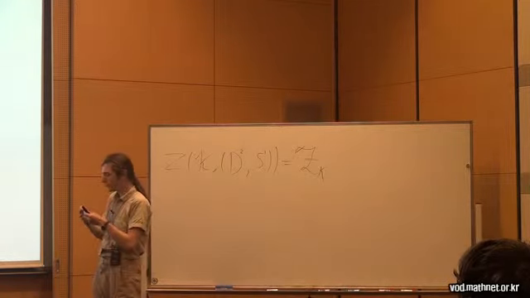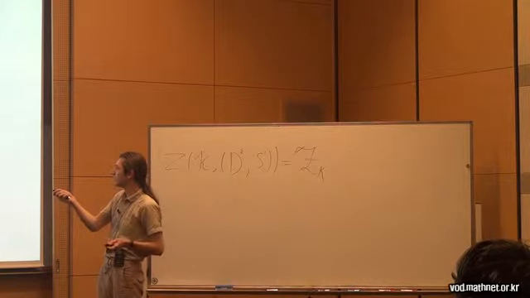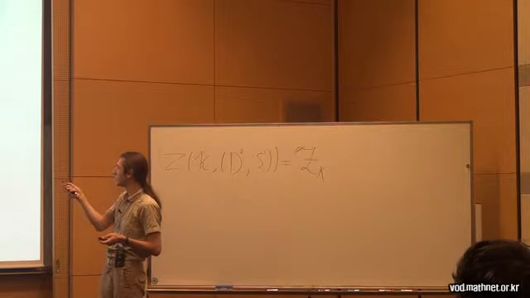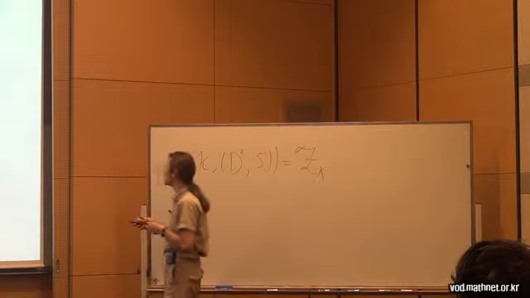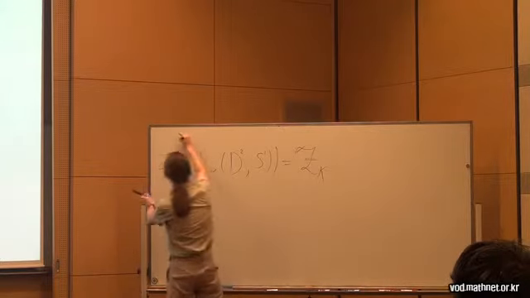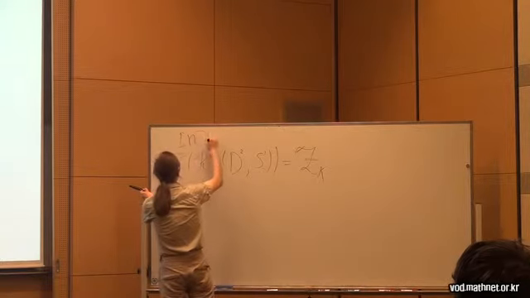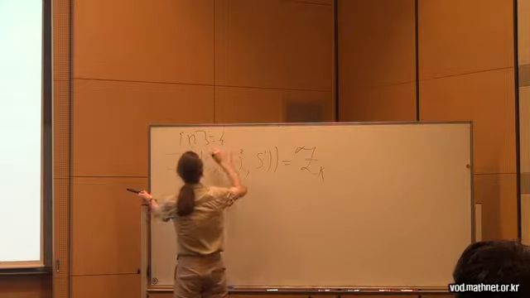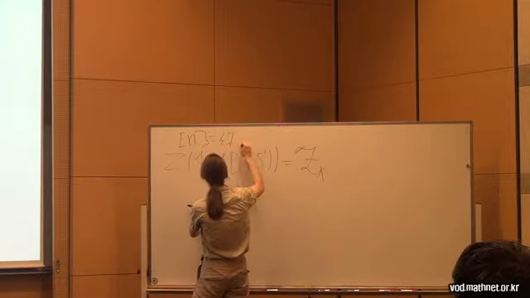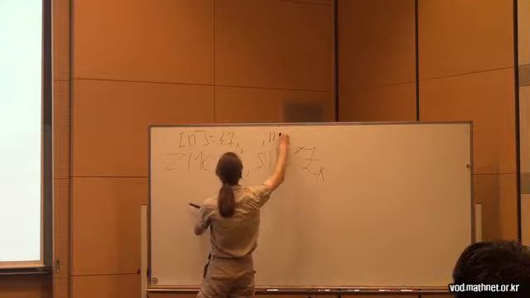We have a pair, the two-dimensional disk and the one-dimensional sphere, and some simplicial complex on the set of vertices [n]. I will use this notation during all my talk, so I will write it here.